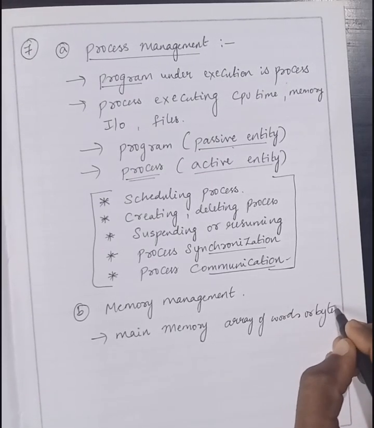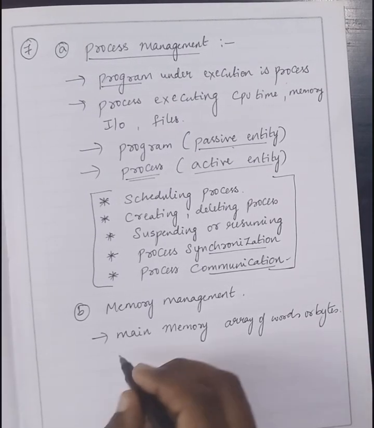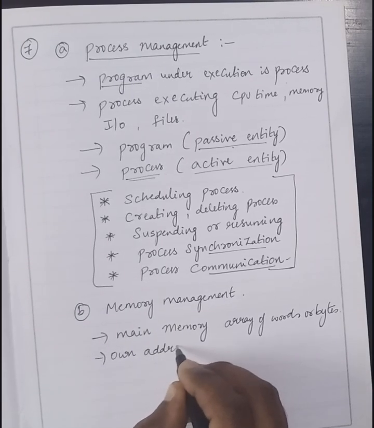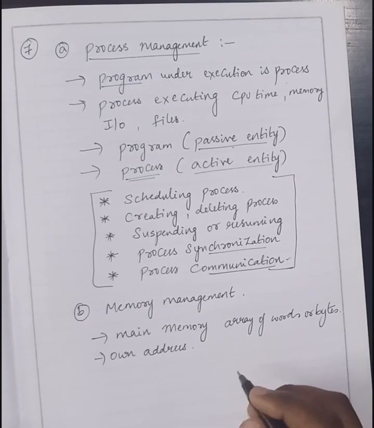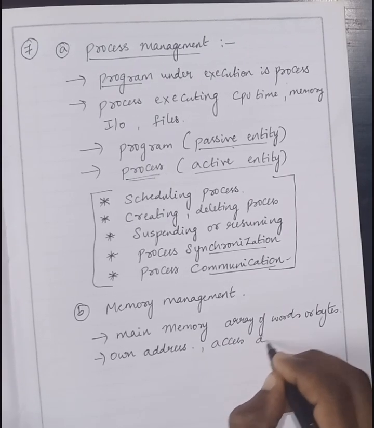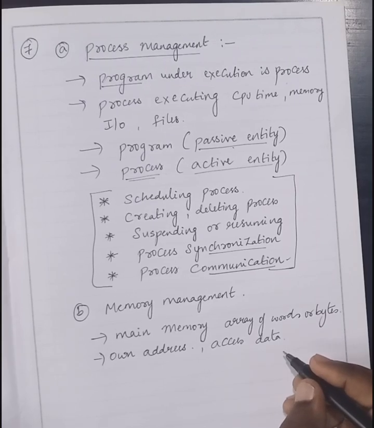To store information, we use the memory. Each location has its own address. The operating system should know these addresses so that it can access the data from the memory.